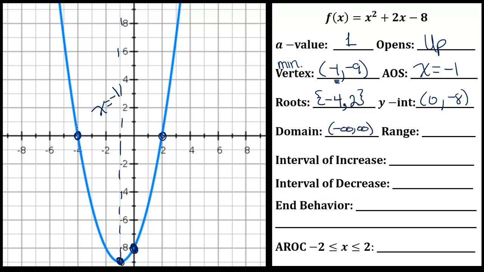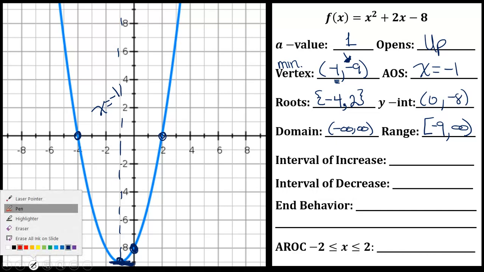Our graph is continually going left and right. The range, remember, you're going to use the y part of your vertex. So my range is, again, range is what my output values are. So it goes down to -9, and it is included, unlike exponentials, and then it goes forever up, positive infinity.